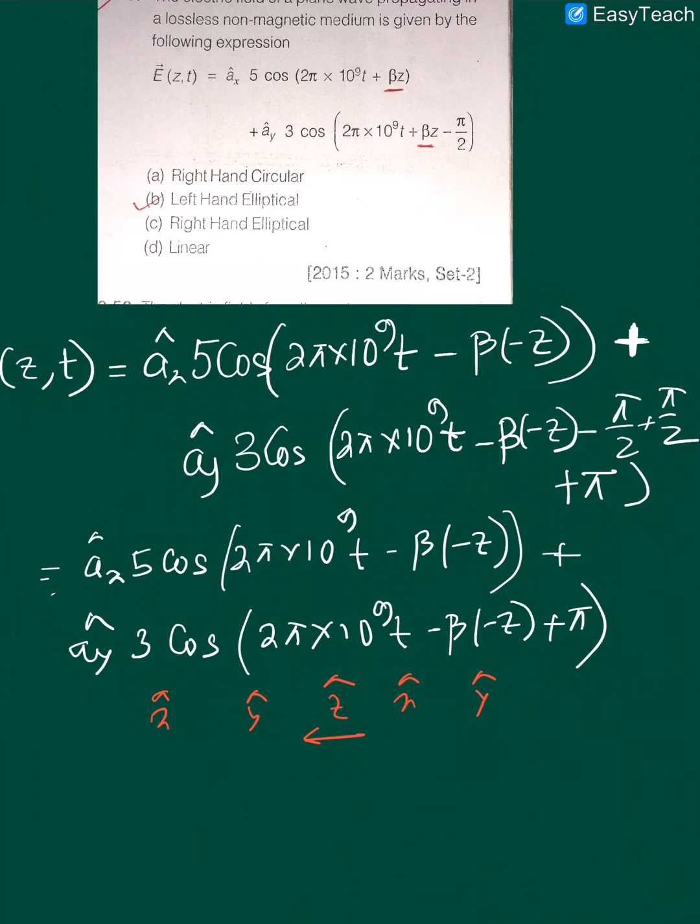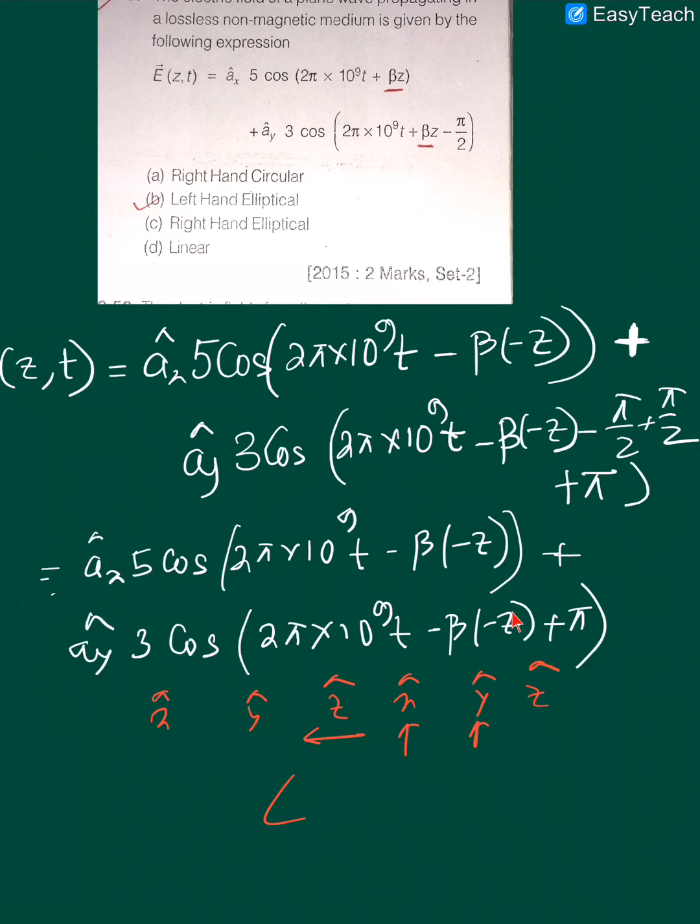So here x, y, z, so it will be angle of x component minus angle of y component. For x component, which one is this? This one is x component, and this one is y component.